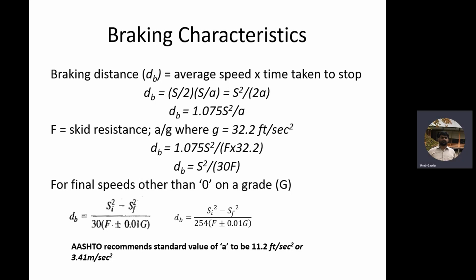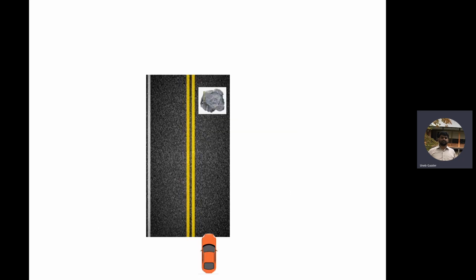Okay, so this is the equation in meters then. For example, there is some boulder, some rock, something on the road, and the driver. The braking distance starts from here.